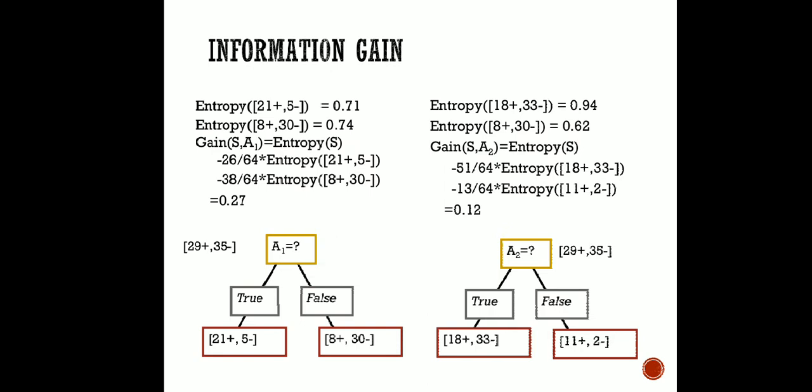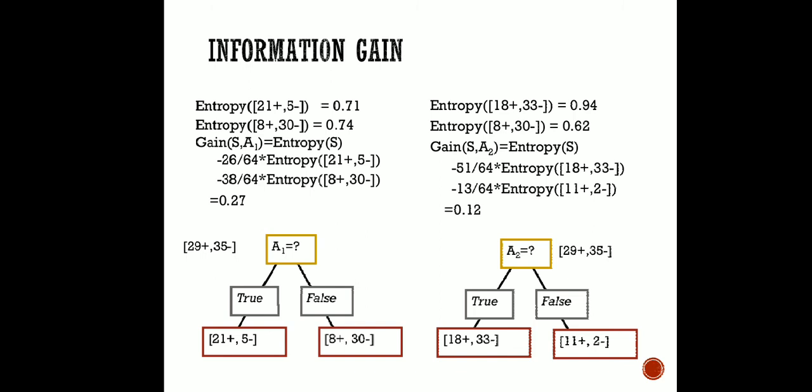So the entropy of the original node, that is entropy of S, minus 26 by 64. Why 26 by 64? For the true part, how many values are there in total? 21 plus 5, that is 26, and the total data set of this A1 is 29 plus 35, that's why 26 by 64, multiplied by the entropy of this particular branch, which we have calculated for this true branch.